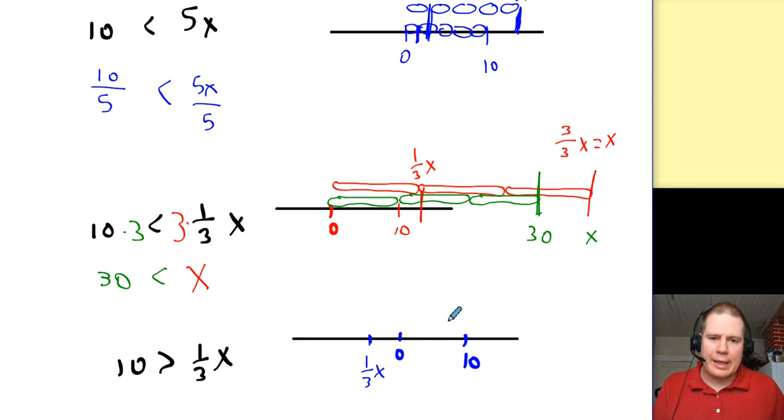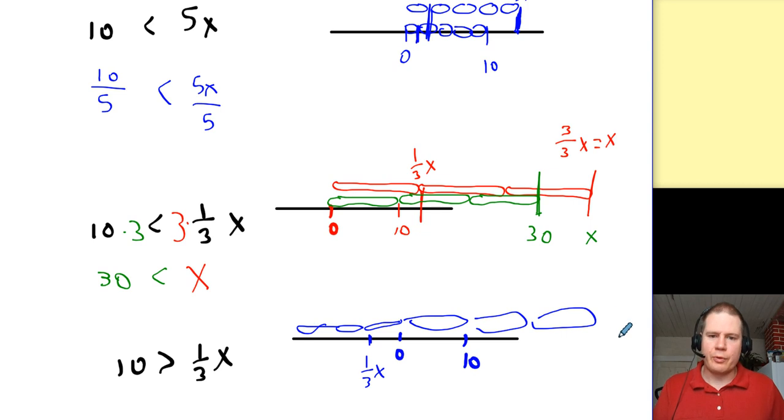So as this gets bigger to the left, 10, which was already to the right, is getting bigger. They're just moving further apart, right? Again, it stays true even if x is negative. So our rules of multiplying still work just the same.